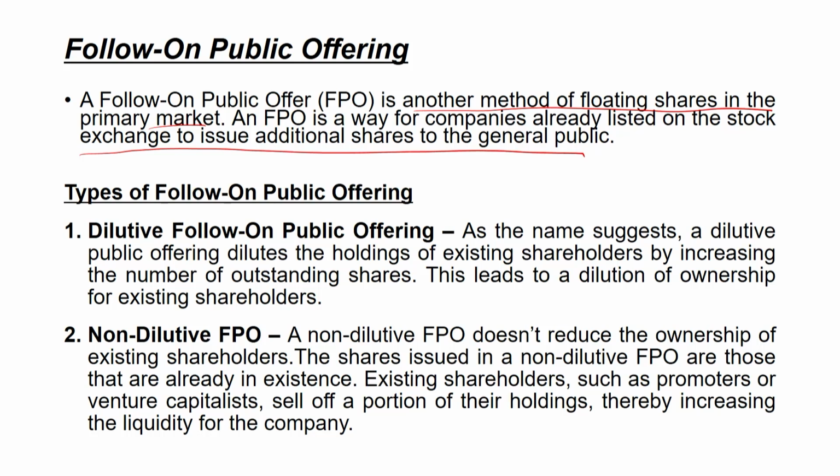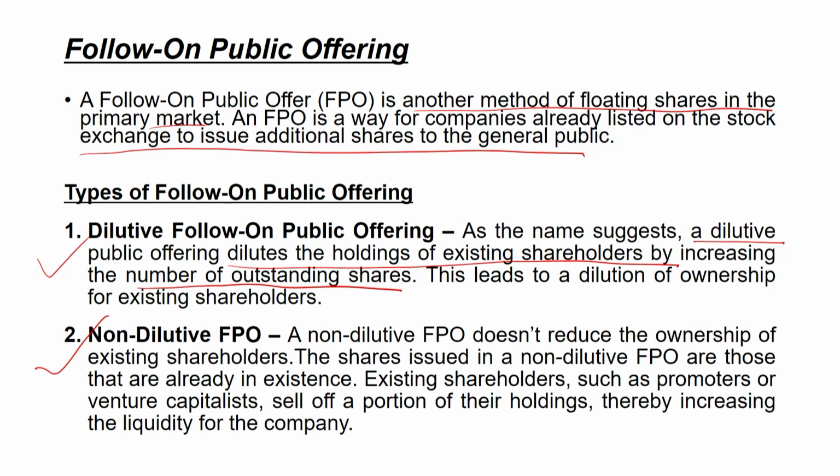There are two different methods of the follow-on public offering. One is known as the dilutive follow-on public offering and the other is known as the non-dilutive follow-on public offering. As the name suggests, the dilutive public offering dilutes the holding of the existing shareholders by increasing the number of outstanding shares in the market.